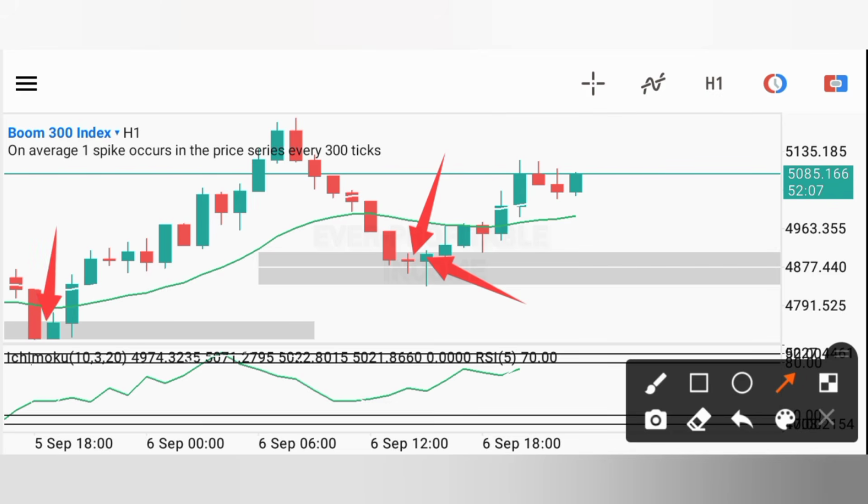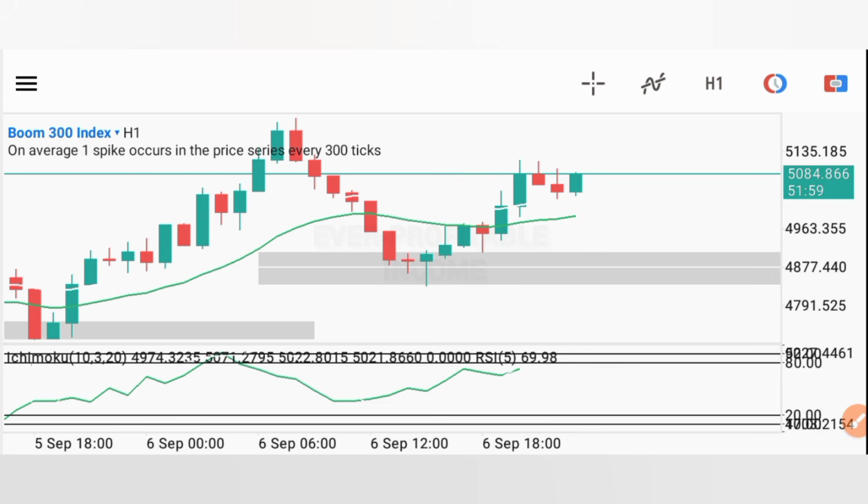Here we have the inverted hammer. When you see these candlesticks present, you know that the price is going to turn, and then you go over to your 1 minute time frame, check if your Ichimoku is fixed on the oversold level, and then you wait for the first spike and enter for a buy trade.